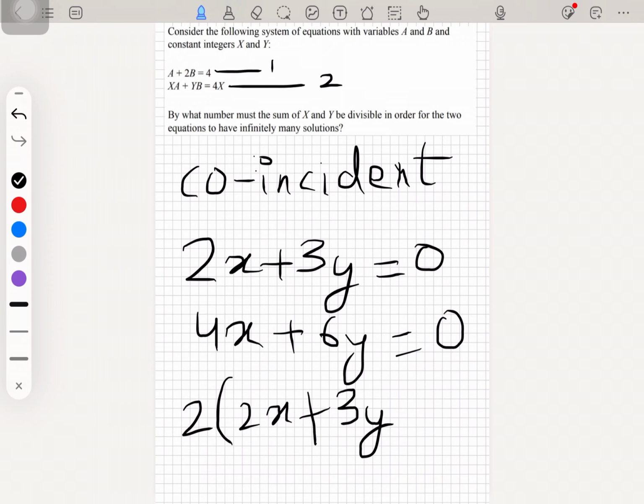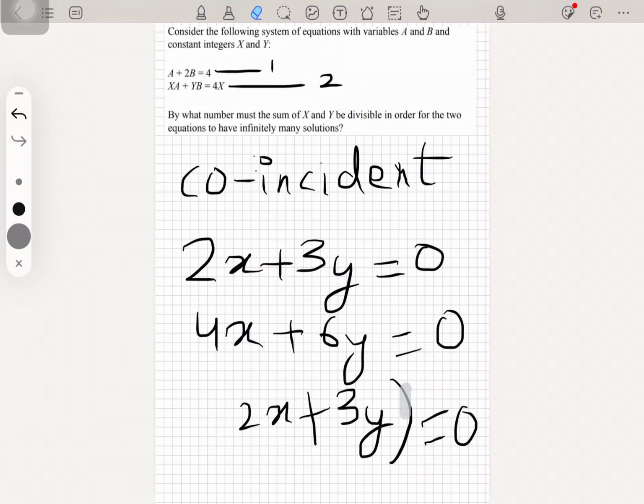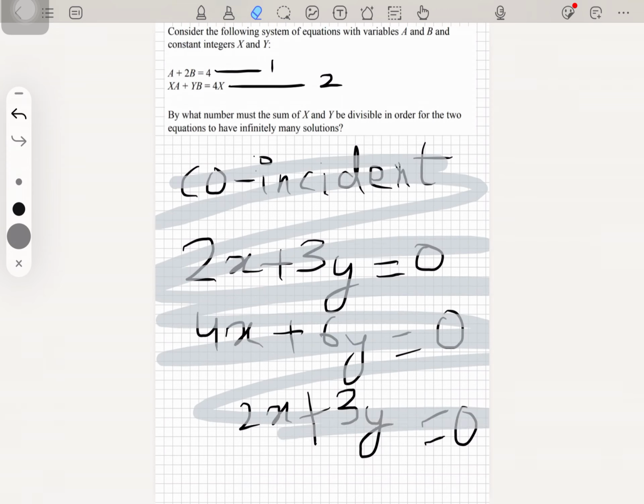Anyway, it is equal to 0. And when this 2 goes to the other side, we will get the same equation as the first equation. So those kind of lines are coincident. And for coincident lines, there is a condition.